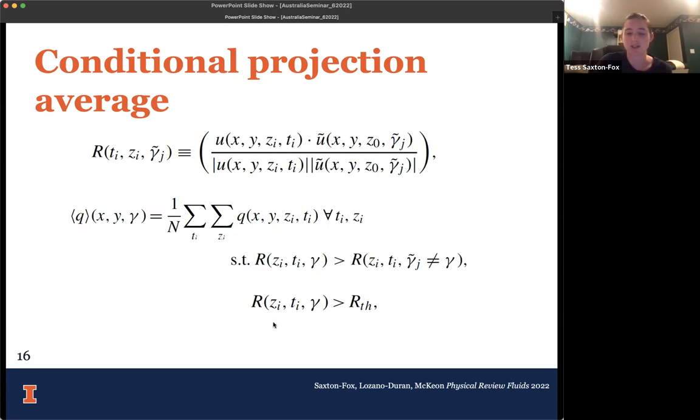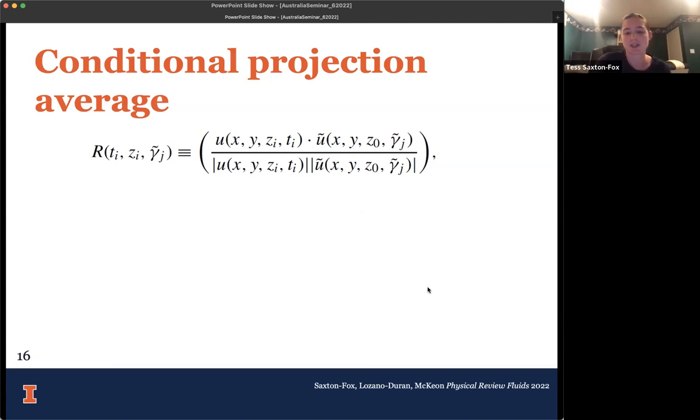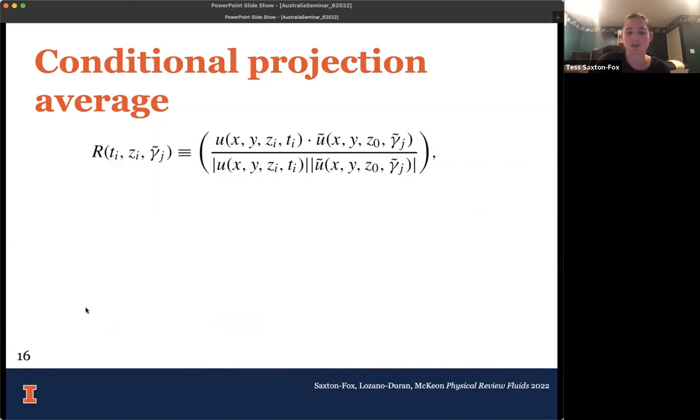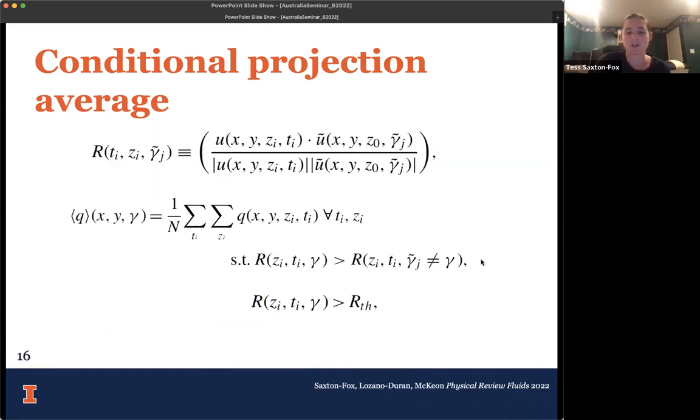It has to be better than some threshold that tells us that we saw something that looked like the model. And then it has to be the best projection coefficient of all of the phases you considered, which is kind of what I was doing visually here. I said, which of these is the best comparison? It's this one. I'm going to label it with this. So this condition here is saying that the projection coefficient you find for this phase has to be better than any other phase that you considered.